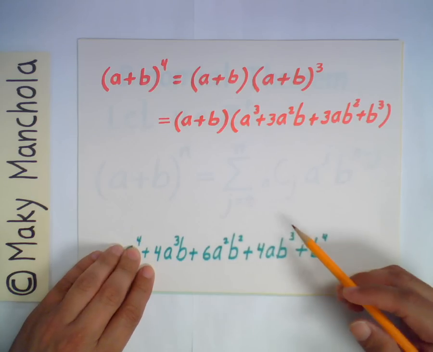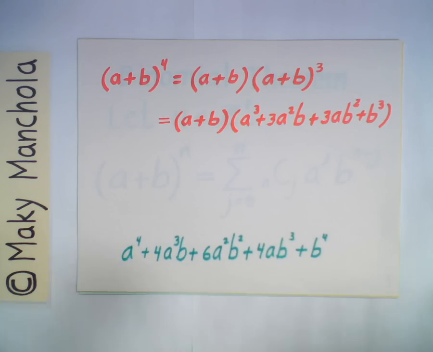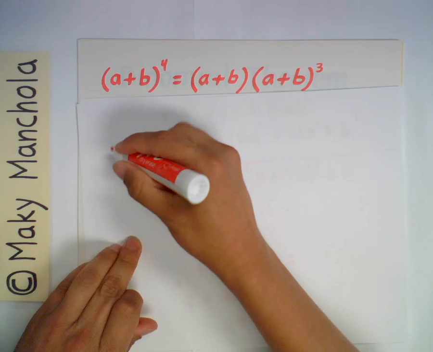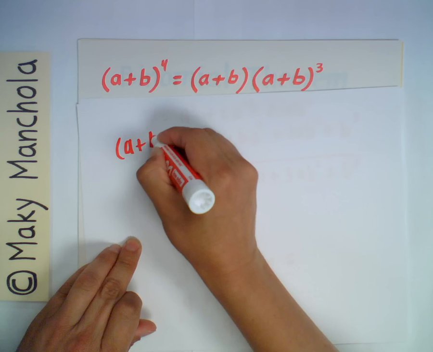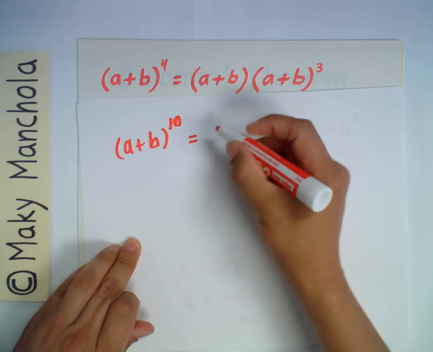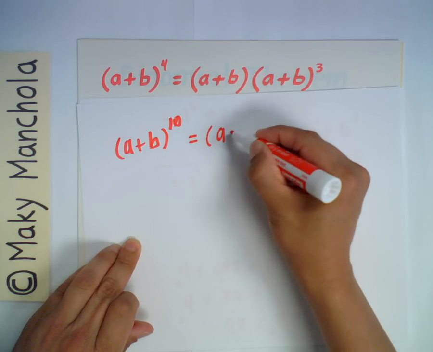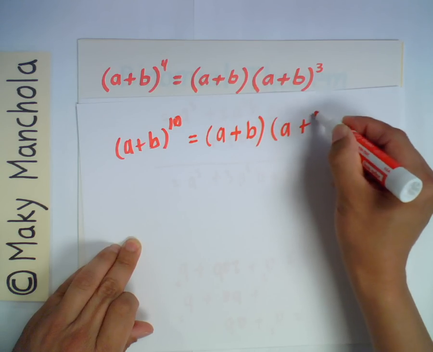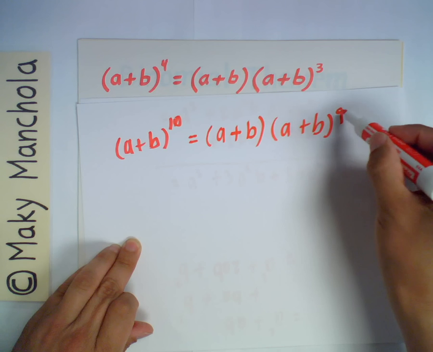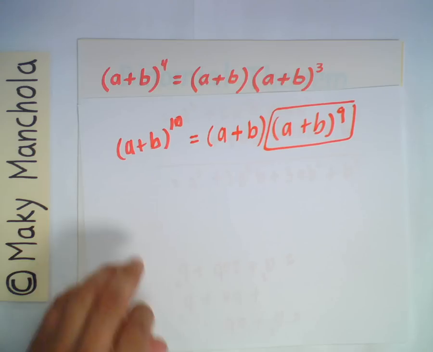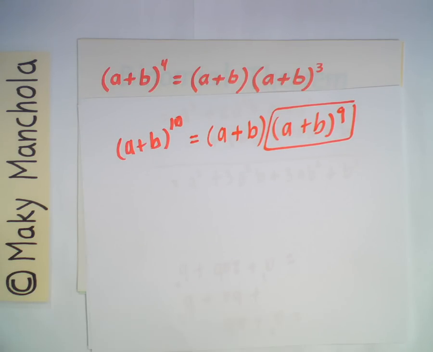What about if you want to calculate something like (a + b) to the 10th, for example? Now if we use the same technique illustrated, we would like to split it up as (a + b) times (a + b) to the 9th, but then you have to know (a + b) to the 9th, which itself will require a lot of effort to complete.